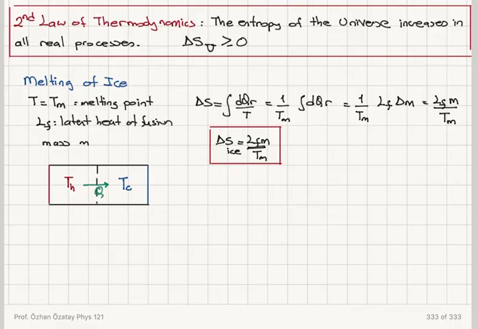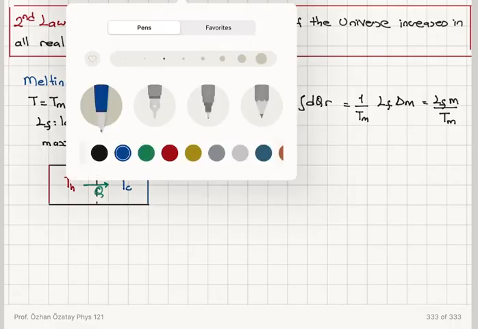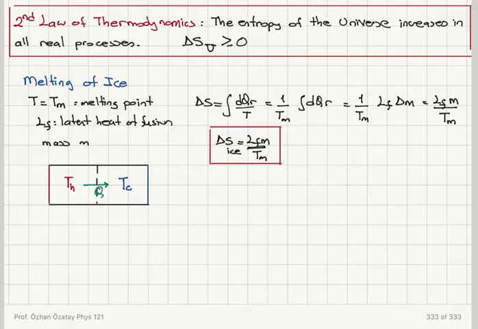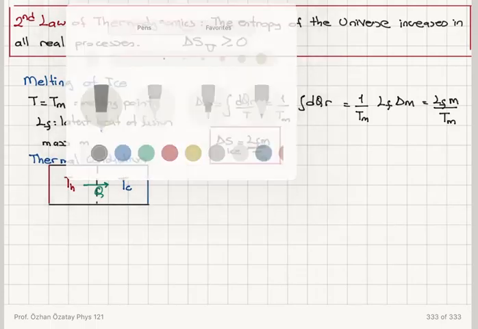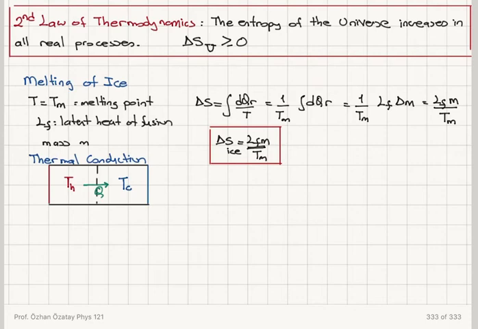Now another process I want to look at is related to the second law of thermodynamics: the entropy change in thermal conduction. So what is the problem here? I have two objects that are connected, that have a thermal contact at their boundary, and they are isolated from the rest of the universe.